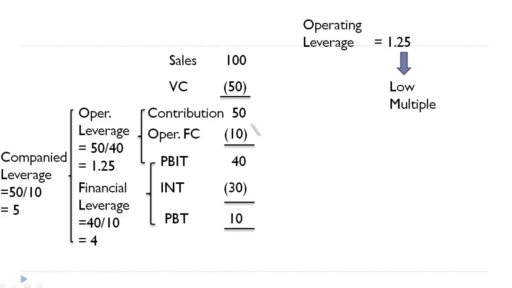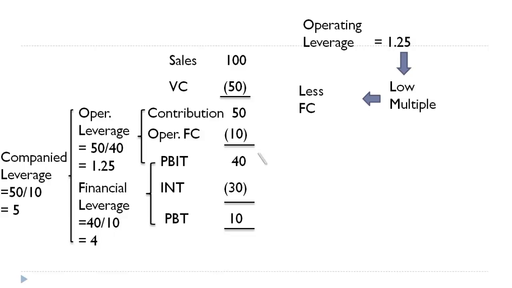If the operating cost here is more, from contribution, if you deduct a very high level of operating cost, you will have a low level of PBIT. So higher numerator and lower denominator would give you a higher ratio. So a higher ratio would convey there is a high level of operating cost, and a lower ratio would convey there is a low level of operating cost.